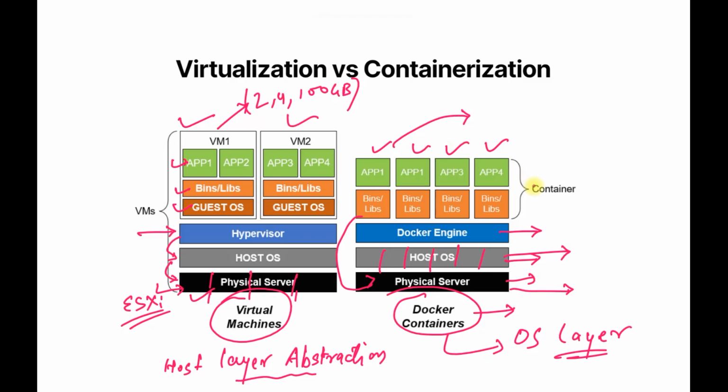If you see in containers, you don't see any guest OS. No guest OS is required, so there is no need to boot any operating system to run containers. That's why it is so fast.